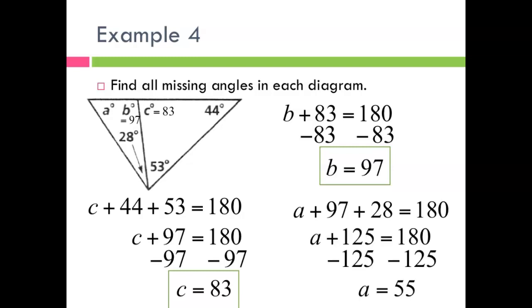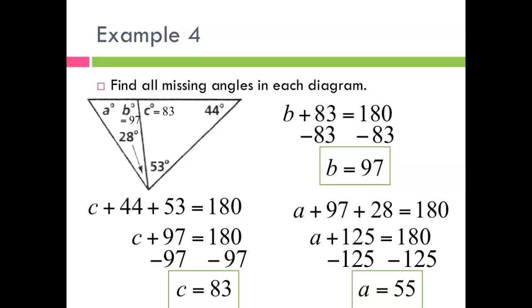Subtract 125 from both sides, and we get that A is equal to 55. Another option to solve for A is to look at the larger triangle and use the 44 degrees as one angle, add 28 and 53, and get the measure of that large angle there, and add that with A, and all three of those angles must add up to 180, and you should also get that A is equal to 55.